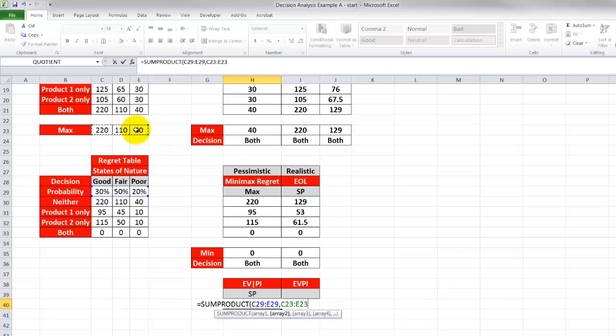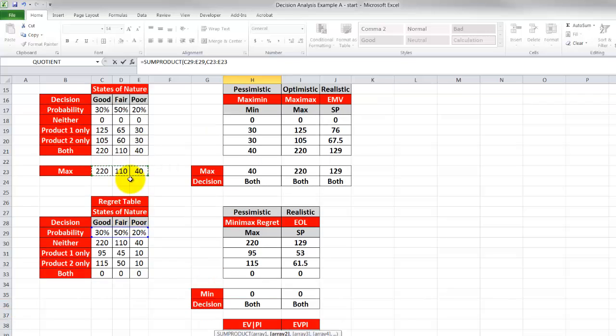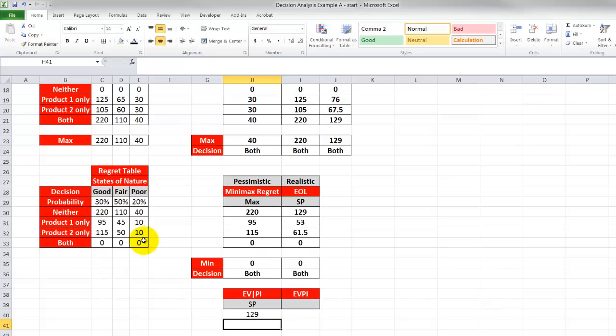So that is where we have the perfect information. We have the maximum of each state of nature. Now we're just calculating the expected value based on the probabilities given. So here we have an expected value, given that we have perfect information, that we have the best in regards to each state, of 129.